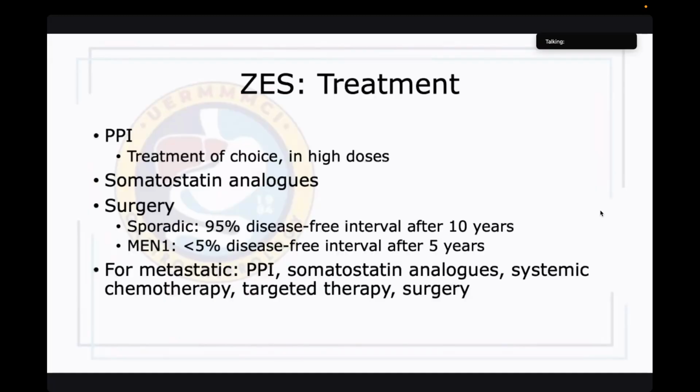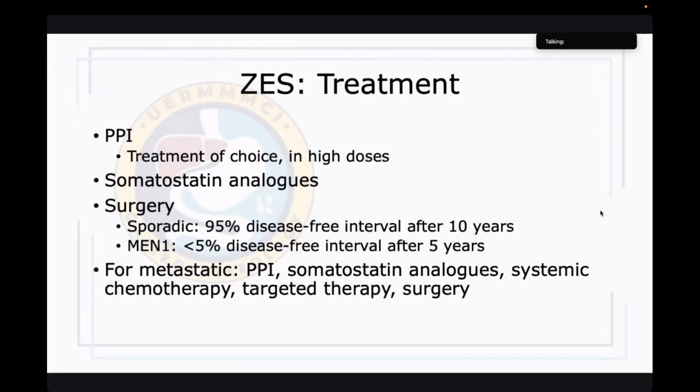The goals of treatment in ZES are to control the symptoms, curative resection of the tumor, and control tumor growth in metastatic disease. So the PPIs are still the treatment of choice in controlling the symptoms of ZES. The use of PPIs has decreased the need for total gastrectomy, and initial PPI doses tend to be higher than those used for the treatment of GERD and peptic ulcer diseases.